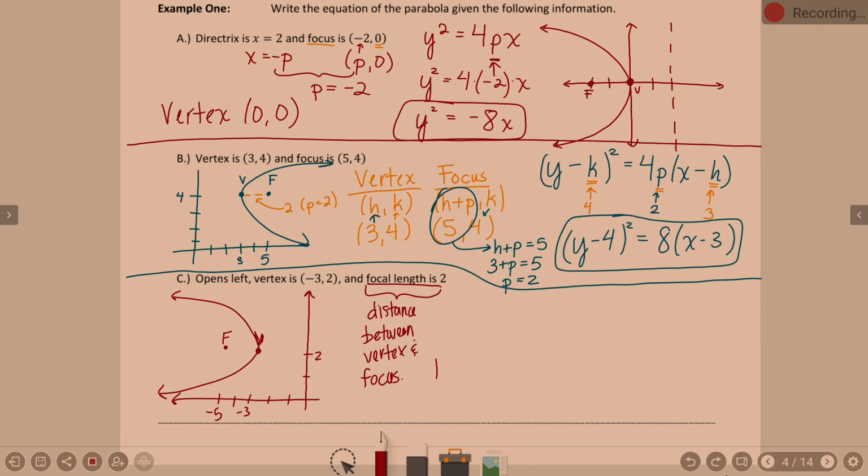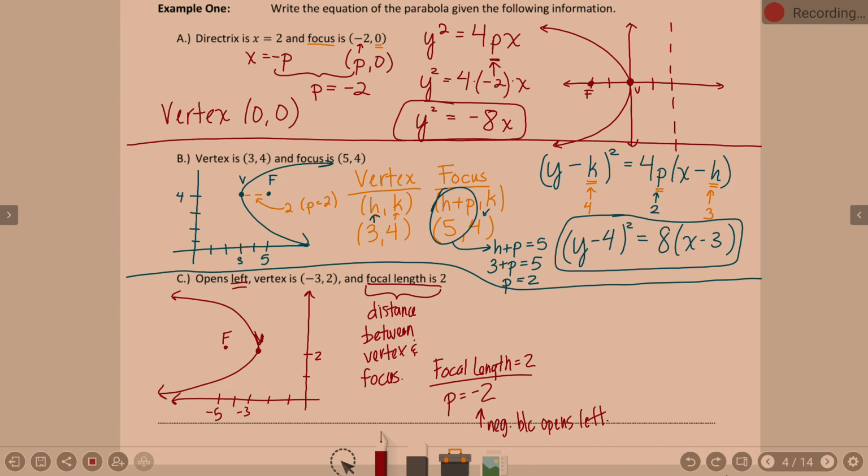So because the focal length equaled 2, I'm going to say that P is negative 2, and it's negative 2 because why? Because it opens left. So if you want to write yourself a note here, negative because it opens left. Okay, so there's your P value.